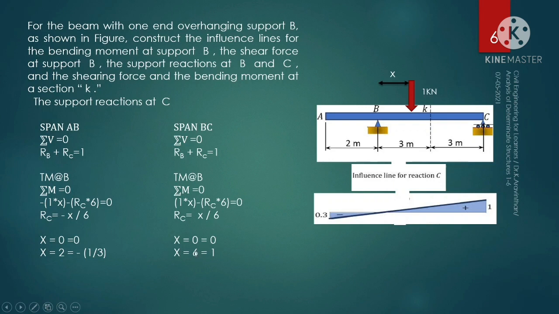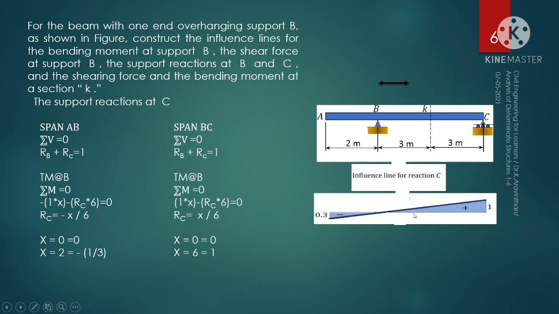So if I substitute 6 here, 6 by 6 is 1. Hence at point C you have 1. If I connect all the 3 points, which is at A, B and C. A is at 0.3, B is at 0 and C is at 1. If I connect all the lines, I will be getting the reaction of C.